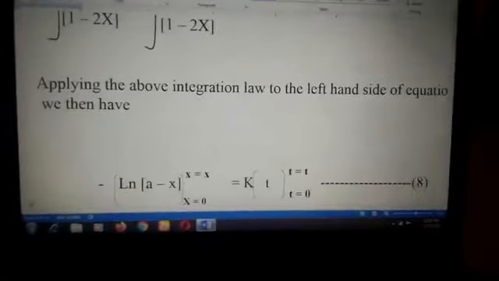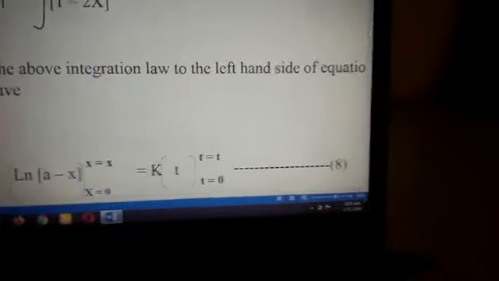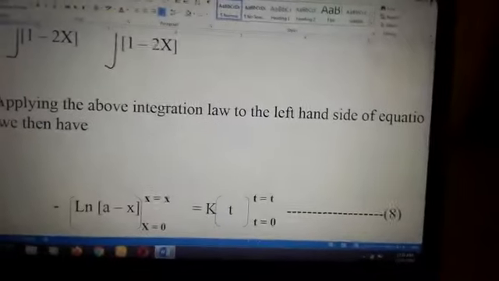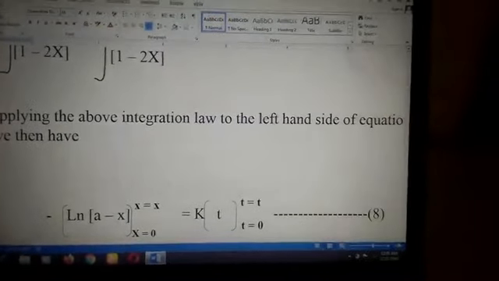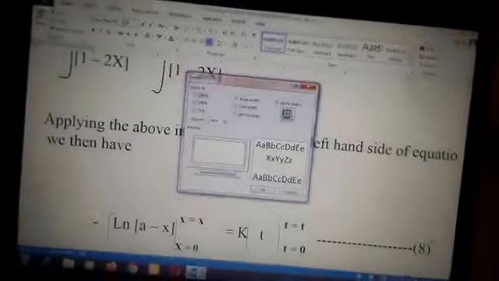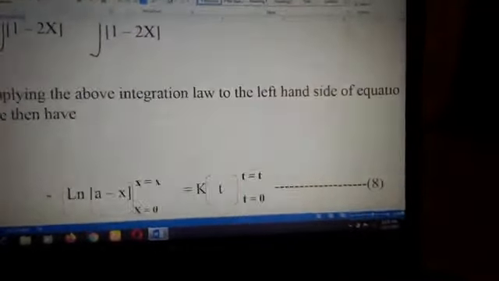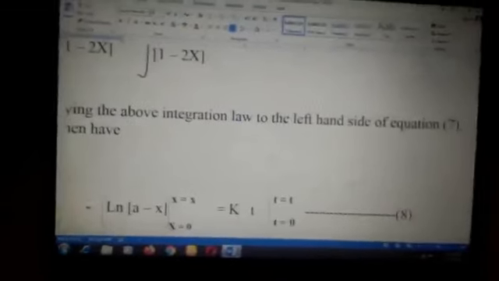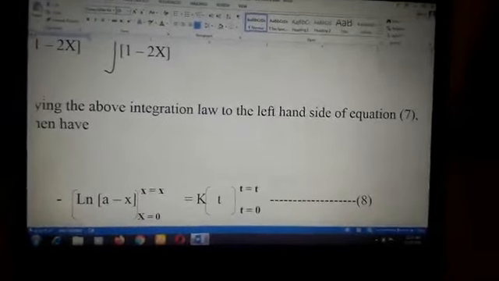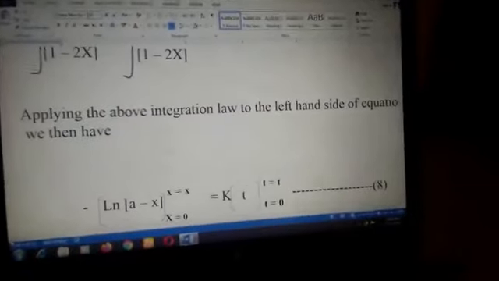So having understood that, we can now go back to our integration and what we've been doing. We're applying the above integration law to the left hand side of equation 7.